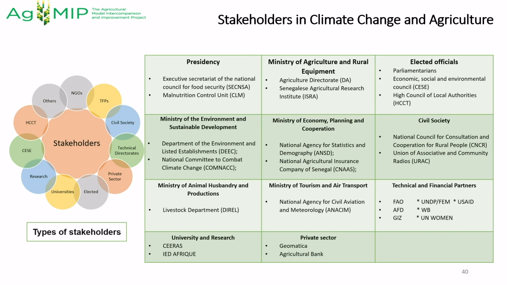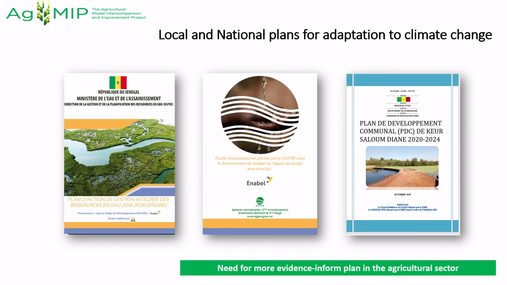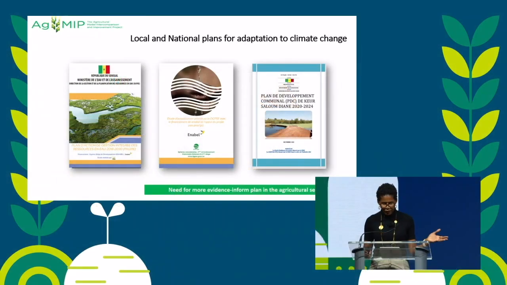Our work is based on the dialogue with these stakeholders to identify key policy drivers of change, indicators to construct the agricultural pathway to a better adaptation to climate change, but also parameters for regional and also national economic modeling. For the past 5 years, we have seen development planning that are mentioning climate change.